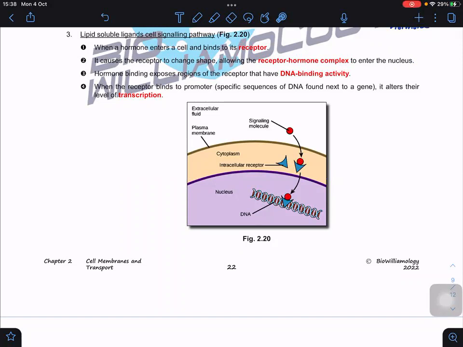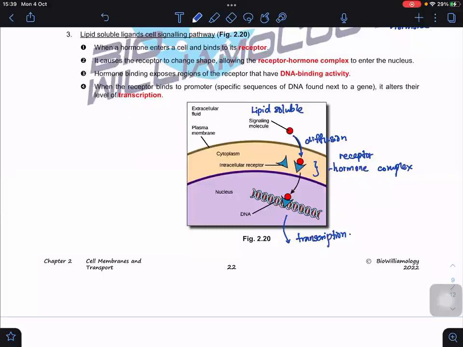Because the signaling molecules are lipid soluble, they can enter the cells by diffusion. When they enter the cytoplasm, the intracellular receptor binds to the signaling molecule, which is a hormone, forming a receptor-hormone complex. This complex can now enter the nucleus, bind to our DNA, and cause transcription to take place, like what I explained just now.